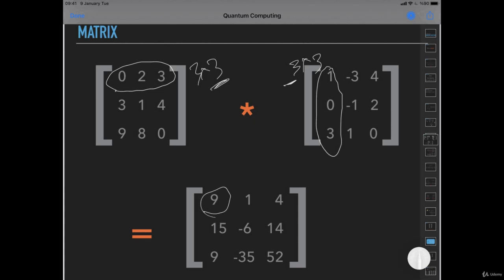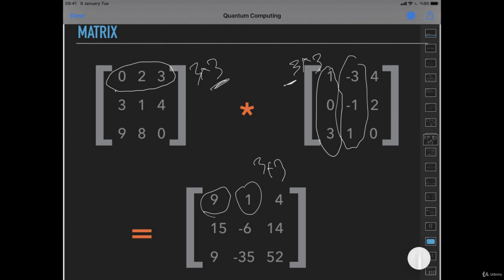As an exercise, you can pause the video and try to do the rest on your own. As you can see, it all gives you the same result. It all goes like this, and it leads to a 3 by 3 matrix at the end.